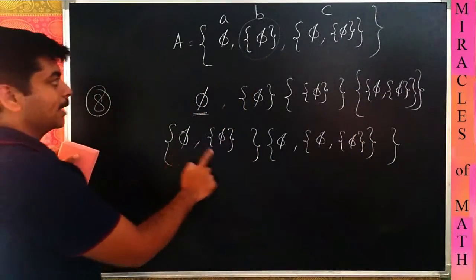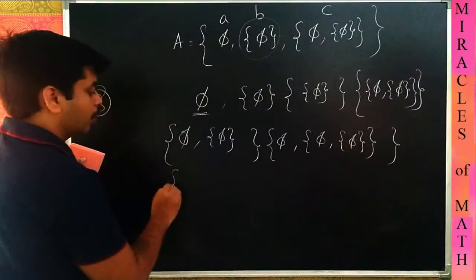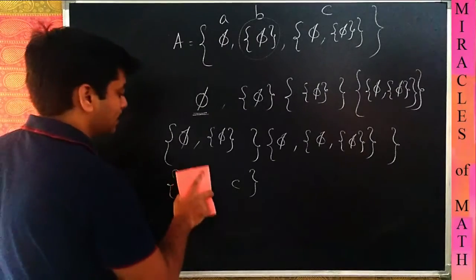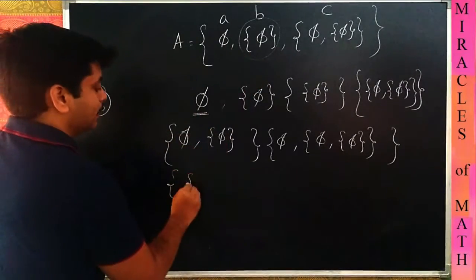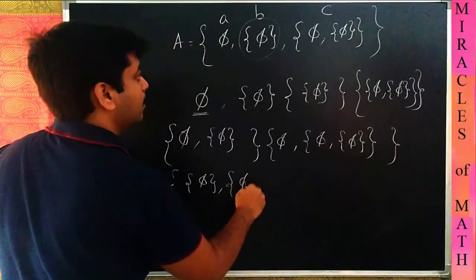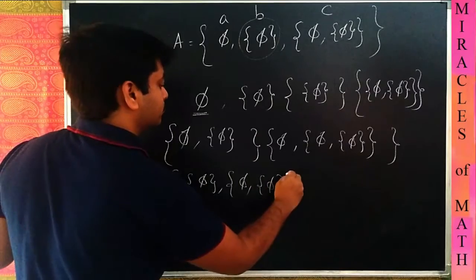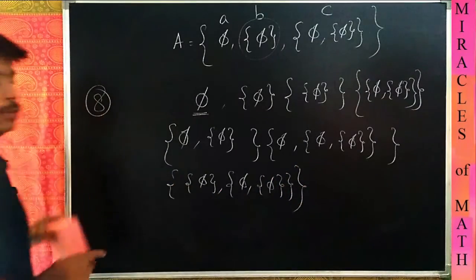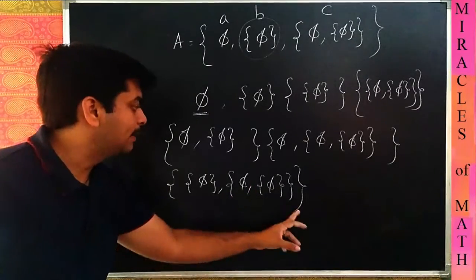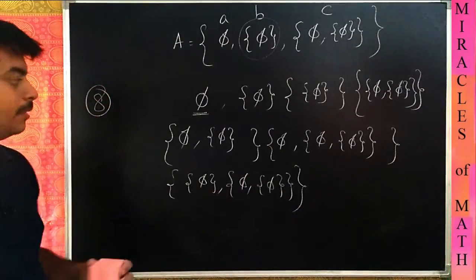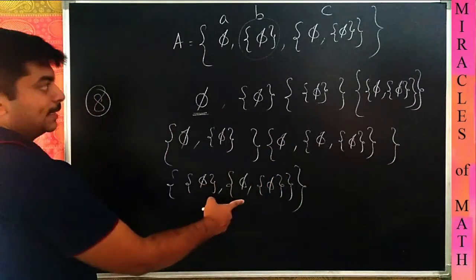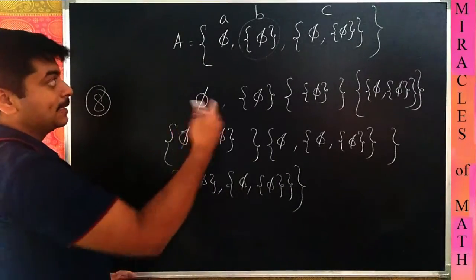This is A comma B, A comma C, and now you can also write B comma C. B is this complete element, that is {5}, and C is this complete element, that is {5, {5}}. Don't confuse with this one: this is closing this one, and this is closing the complete subset. AB, AC, BC. Now ABC, that means the complete set.